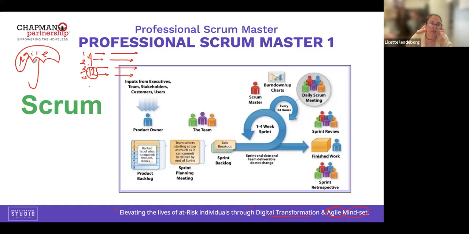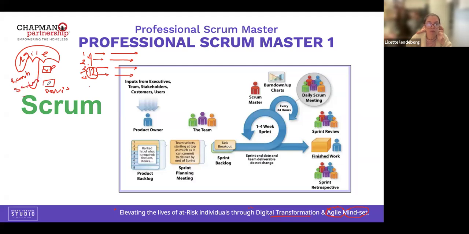And as part of Agile, we have different frameworks or methodologies. One could be XP. The other one could be DevOps. The other one could be Kanban, right? The other one could be Scrum.